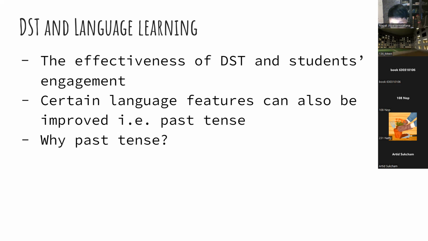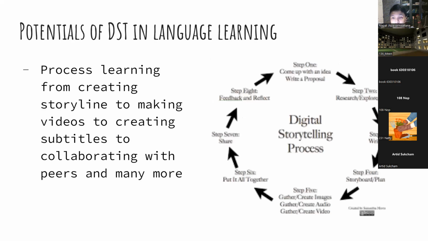Now, when we look at the potential of DST in language learning, there is a huge potential here. First of all, if you look at the picture here, this is the digital storytelling process. In order to create one digital story, it involves so many processes, right?